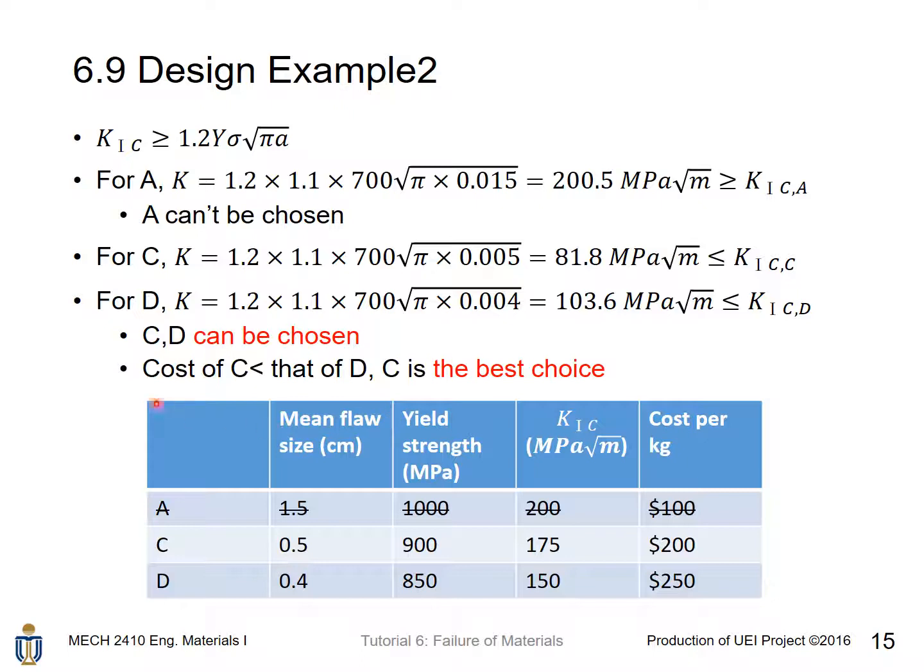And because the cost of C is more than the cost of D, D is the best choice. For choices that can be chosen, they must satisfy the safety requirement first. But when we consider the best choice, we can consider their cost. That's the logic behind the answer to this question.